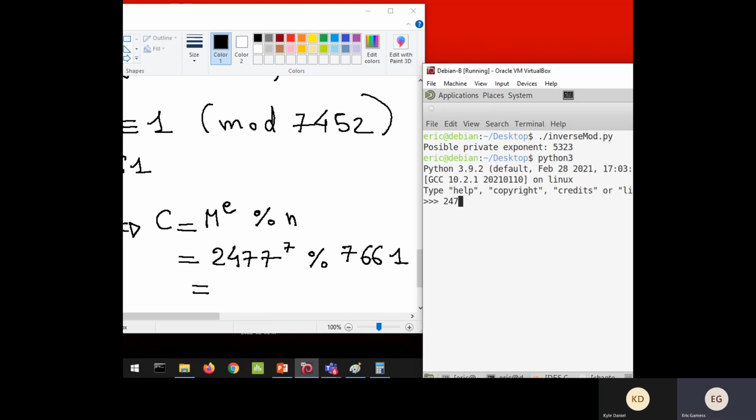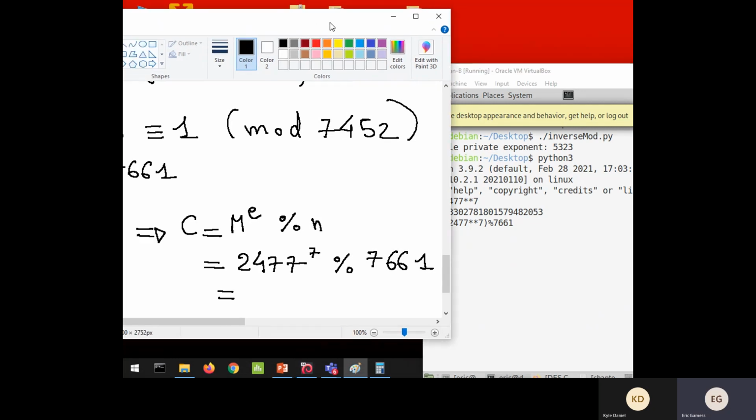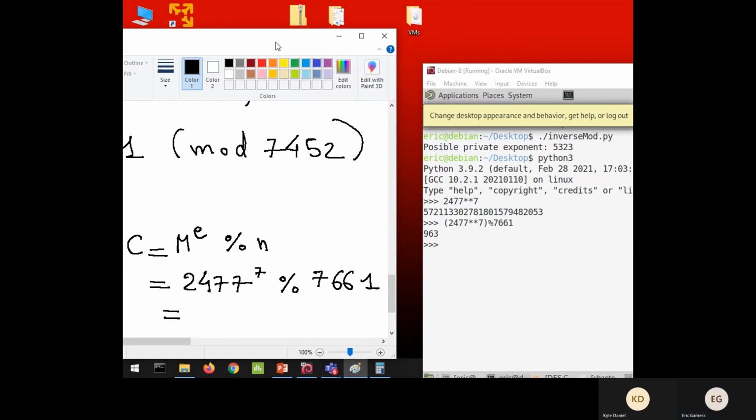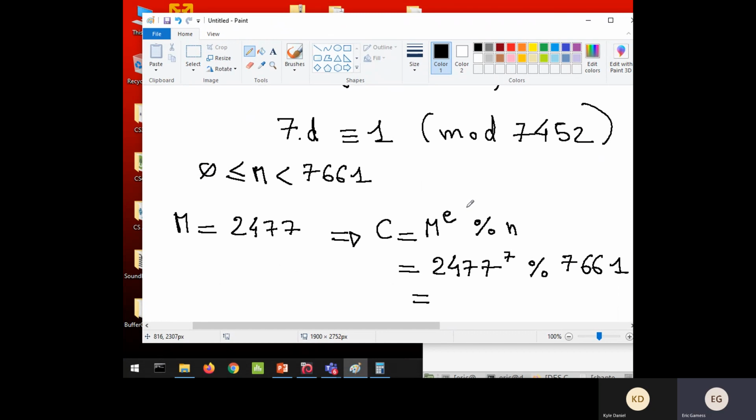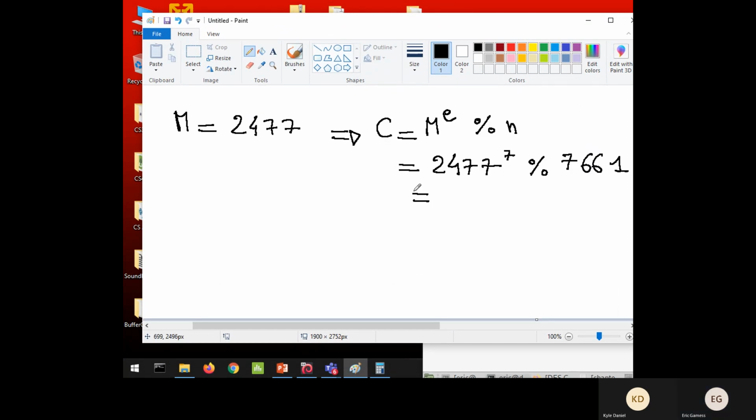So 2477 to the power of 7. It's not a very big number. Modulus 7,661. So the ciphertext has to be in the same range, and it's 963. So 963. Now let's go back to see if it works.